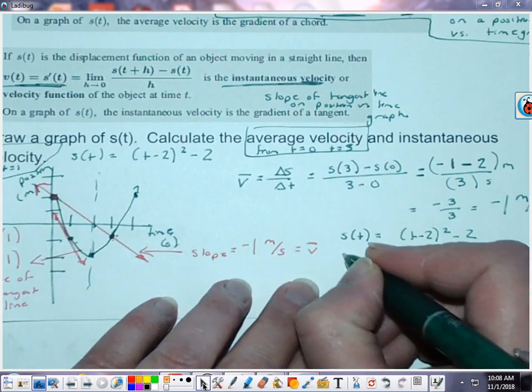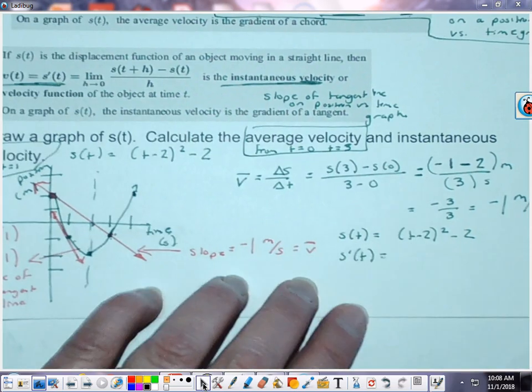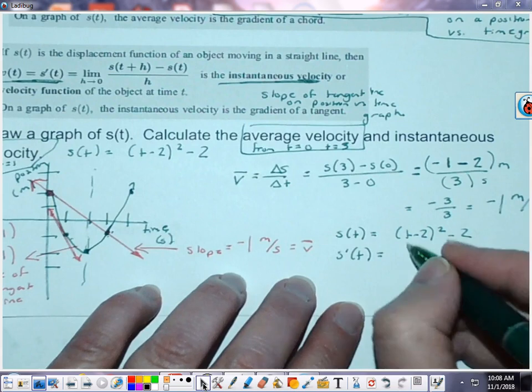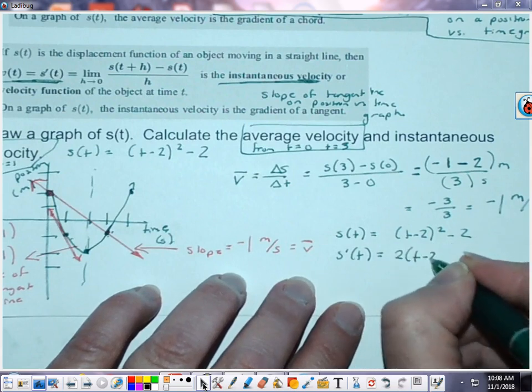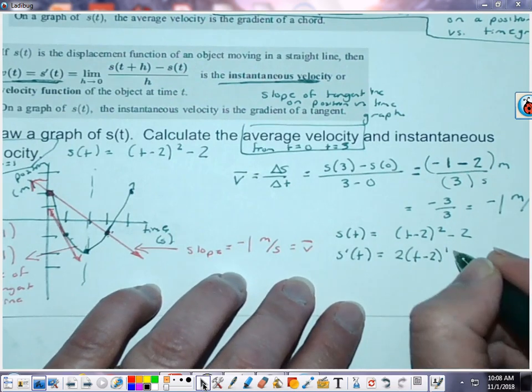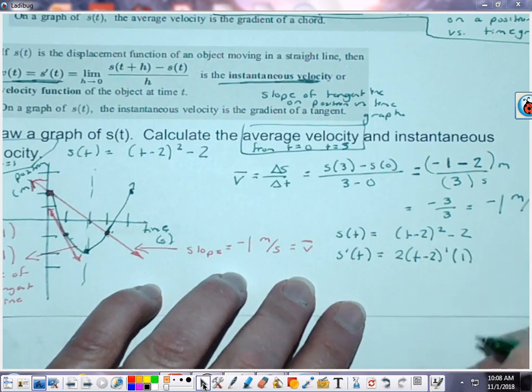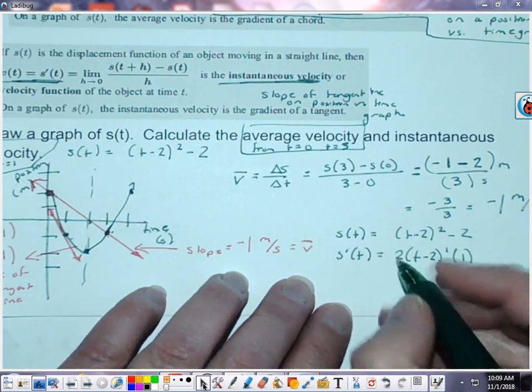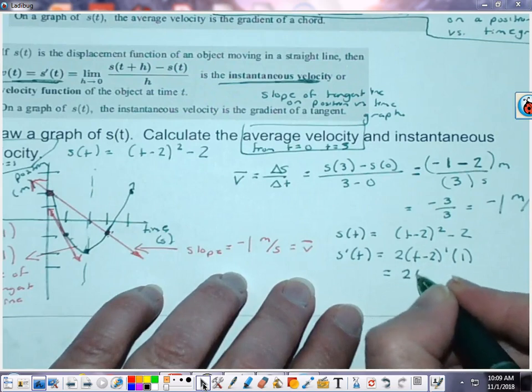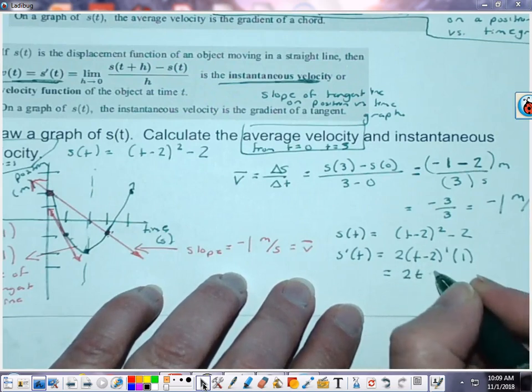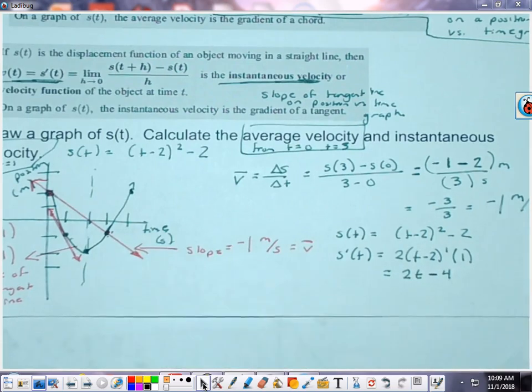So s prime of t, talk to me about it. And the derivative inside is just, and the derivative of negative 2? 0. Okay, so that's not too bad. Just distribute 2t, because I don't really need that 1, minus 4.